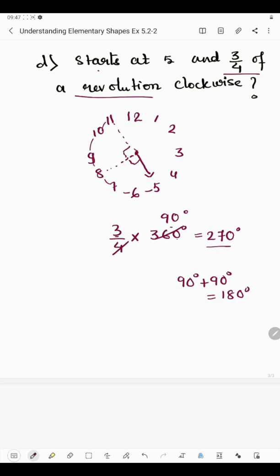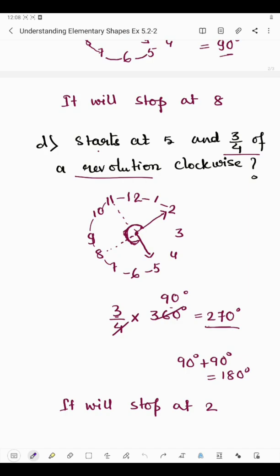Here is the third 90, so 1, 2, 3. That means if the hands of a clock start at 5, then it will stop at 2. If it makes 270 degrees, meaning 3 times 90 degrees, this is a reflex angle. So we'll write it will stop at 2.